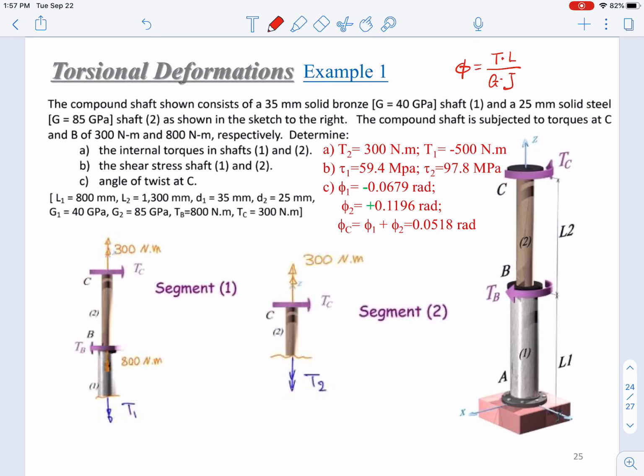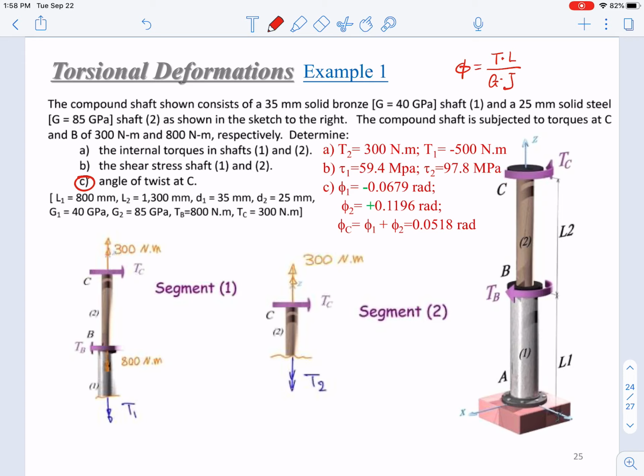The compound shaft is subjected to torques at C and B of 300 and 800 respectively. We need to determine the angle of twist at C as our final goal, but as middle steps, we will also calculate the internal torques in shafts 1 and 2, then the shear stress.